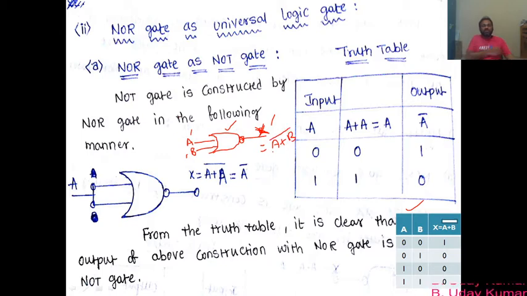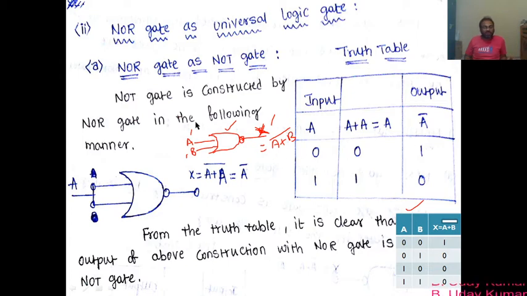This is the logical symbol of the NOR gate, and the logical equation of the NOR gate output, in mathematical representation, is A plus B bar. This is the logical function of the NOR gate.